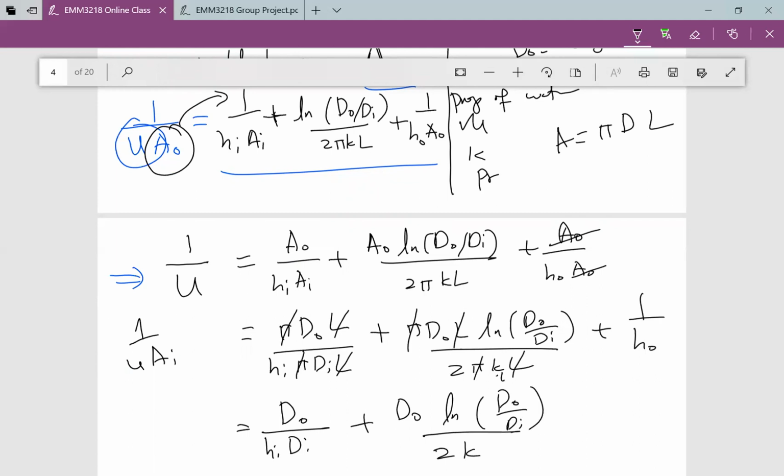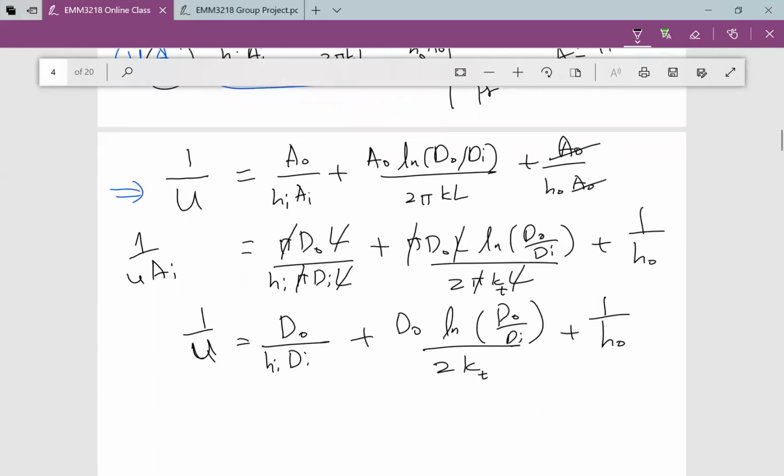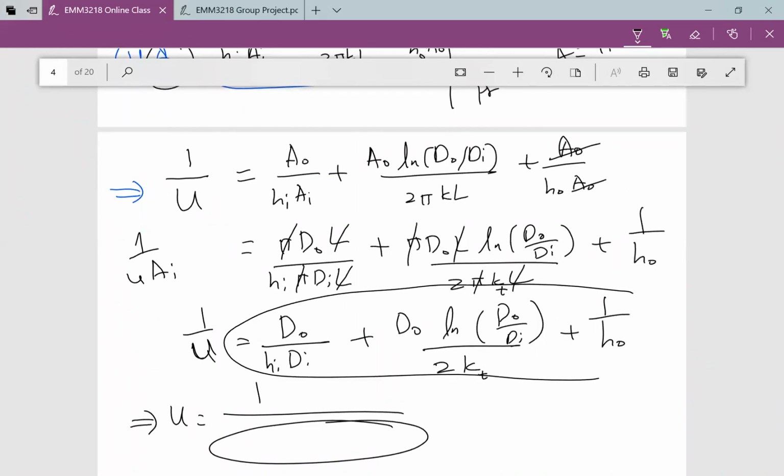This is the thickness, conductivity of the tube. Okay, so this is 1 over U, but you want U. So later on, after you get all the terms, U is basically 1 over this whole thing, right? Then you get the U.